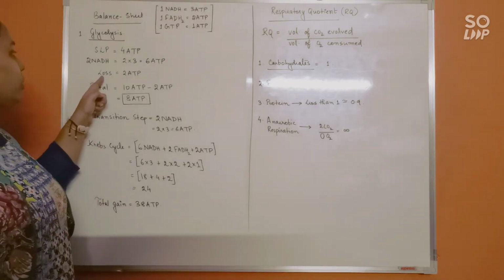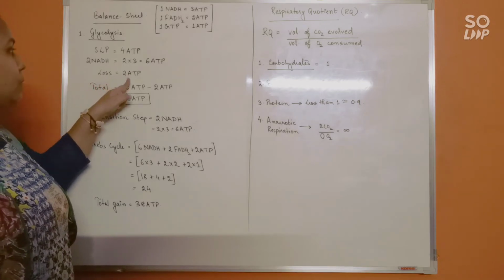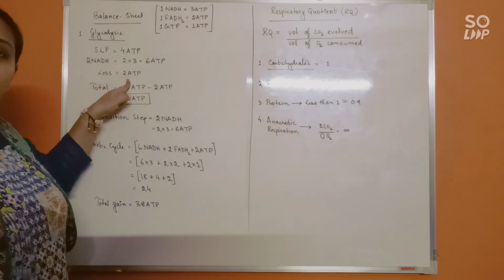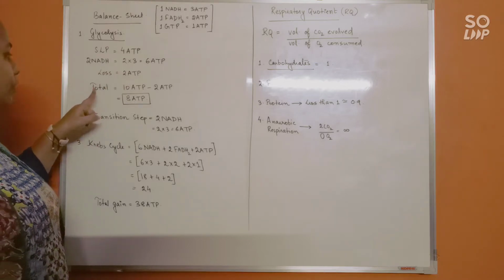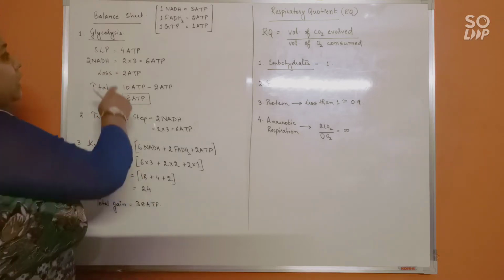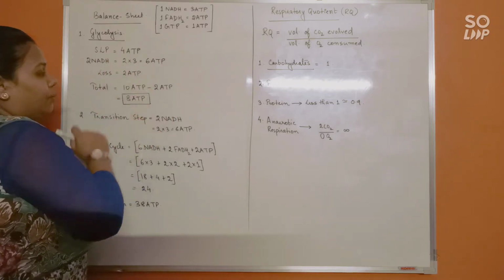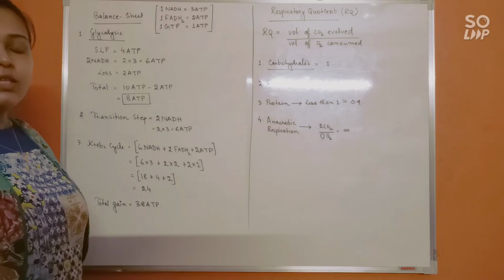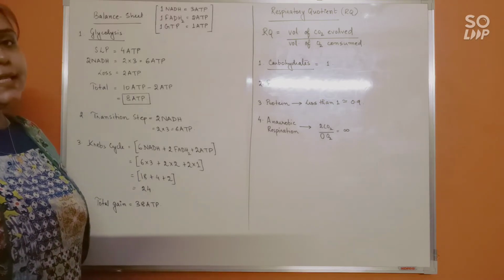Also remember that in the activation phase of glycolysis, 2 ATP are already lost. So the sum total of glycolysis is 4 plus 6, 10 ATP minus 2, bringing it to 8 ATP. So during aerobic respiration, total ATP gained from glycolysis will be 8 ATP.